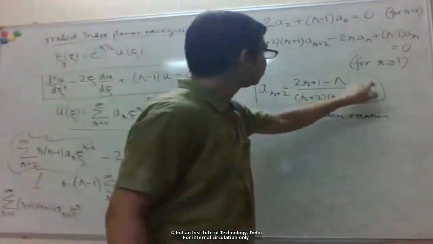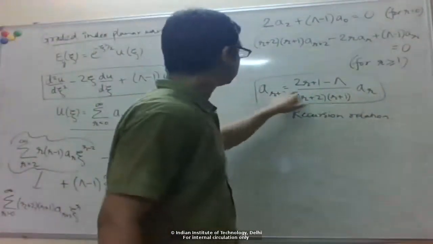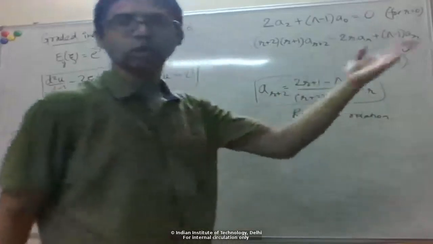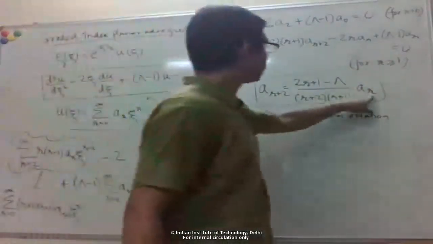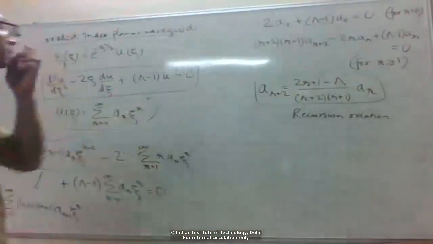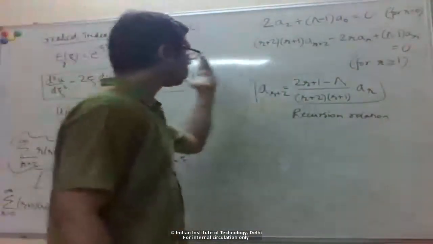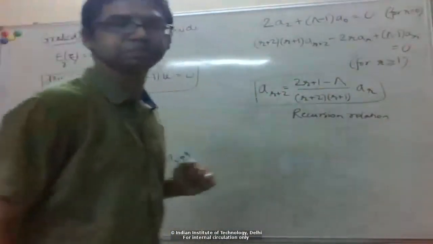So for example, I can start with A0 and then find out A2, and then from A2 I can find out A4, A6, and so on, right? Or if you start from A1, you can find out A3, and then A5, A7, right? So basically we can find out all the coefficients from this recursion relation.